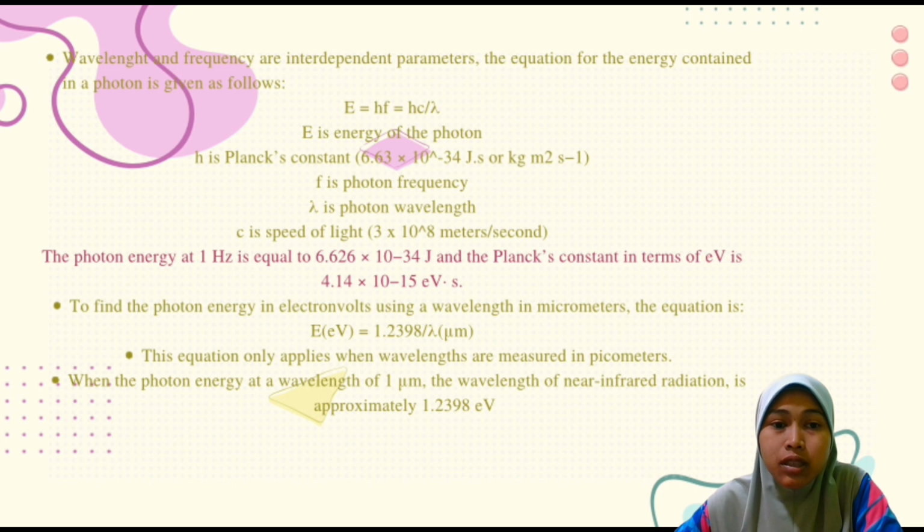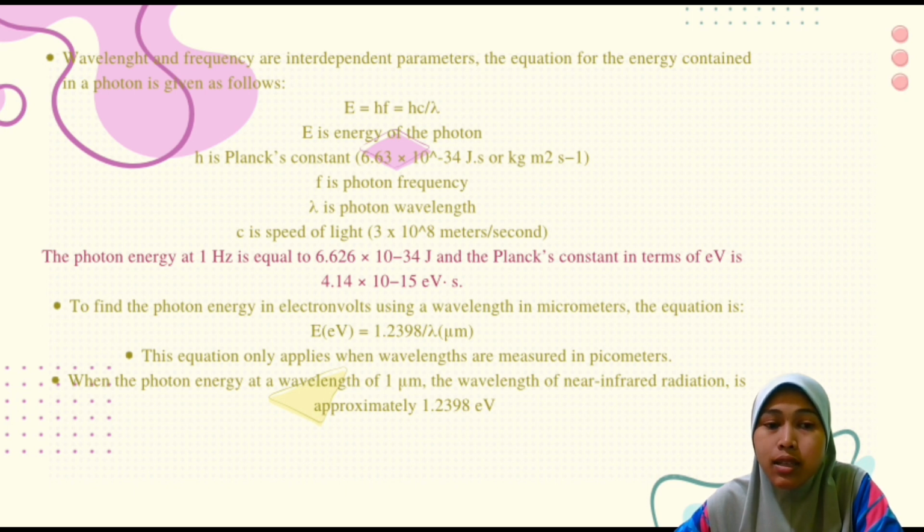Wavelength and frequency are interdependent parameters. The equation for the energy contained in a photon is given as follows: E equal to hc divided by lambda, where E is energy of the photon, h is Planck constant, f is photon frequency, lambda is photon wavelength, and c is speed of light.